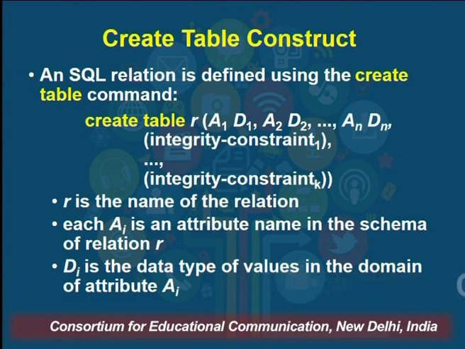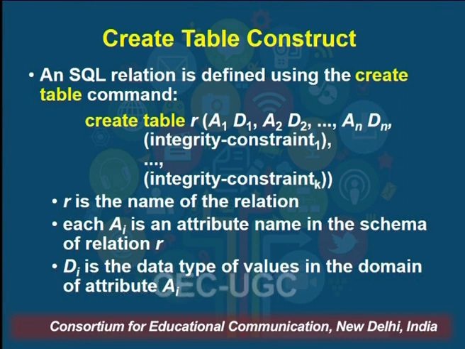A1 D1 means A1 is the name of the attribute and D1 is the domain of that attribute, A2 is the name of the second attribute, D2 is its domain, and so on. Before closing the bracket, we can also specify some integrity constraints, integrity constraint 1, integrity constraint 2, and so on.